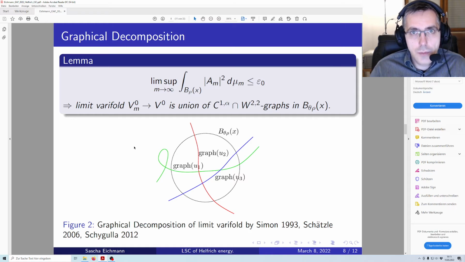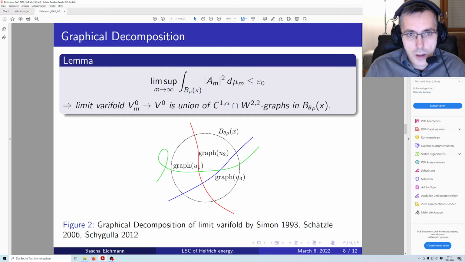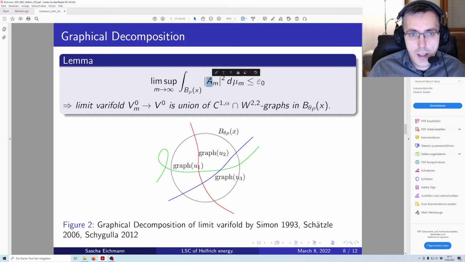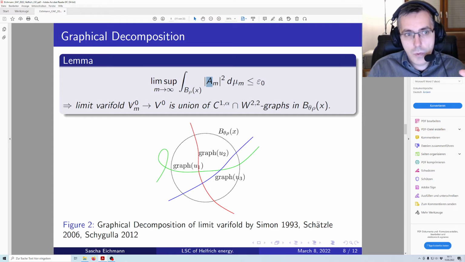This graphical decomposition lemma basically says the following. These Am here is the second fundamental form of our minimizing sequence Vm or Fm.